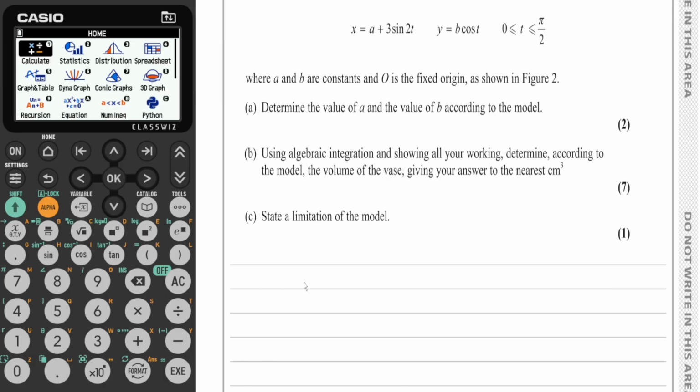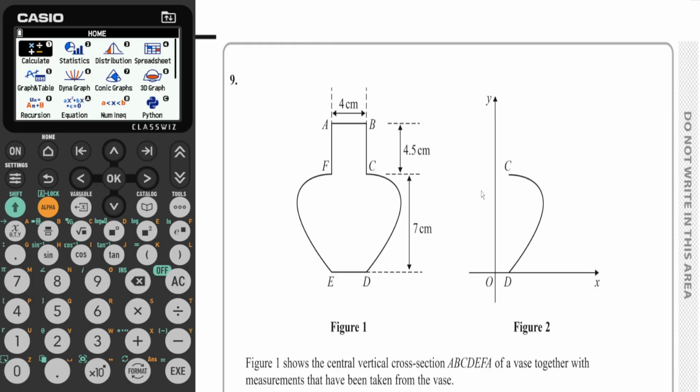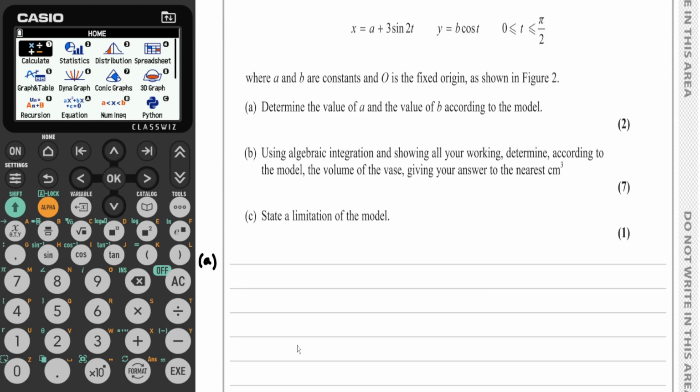For part A, we have to determine the value of a and the value of b according to the model. We know that x equals a plus 3 sine 2t. Now, because we've got a radius of 2, the distance from the y-axis to C is 2, meaning a is equal to 2.